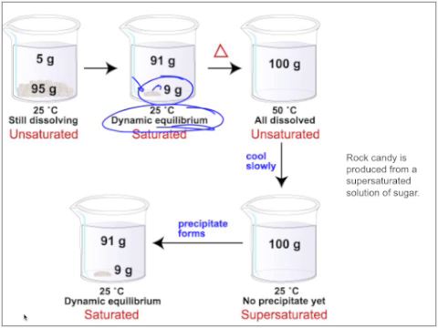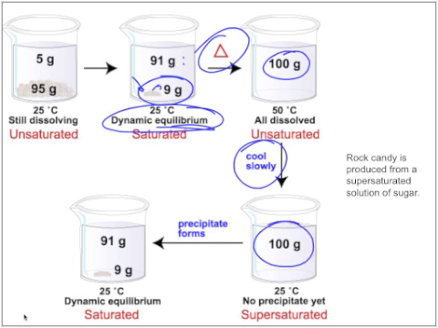But it's reached that point where it will remain 91 grams dissolved to 9 grams undissolved. We're going to add heat to the point where we dissolve all 100 grams of the glucose. Then we cool it down to 25 degrees. We still have 100 grams dissolved.